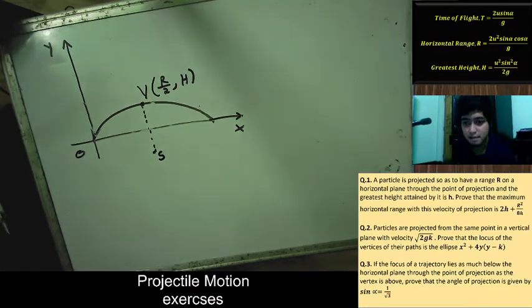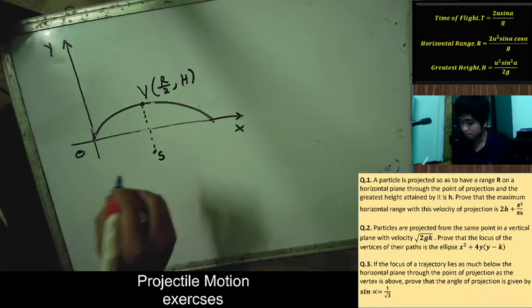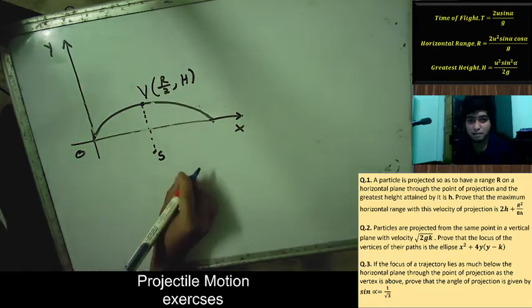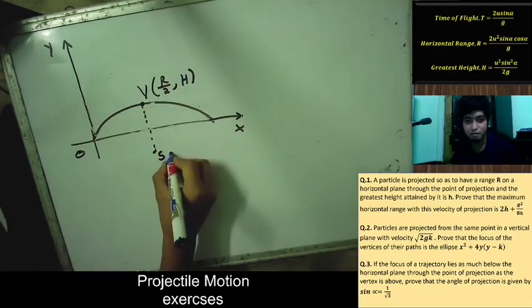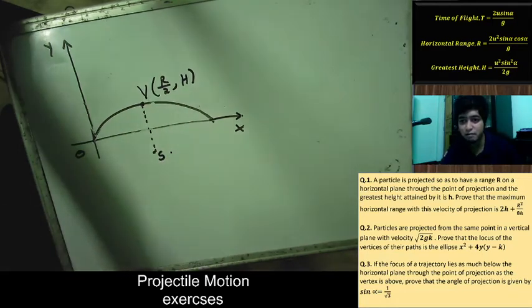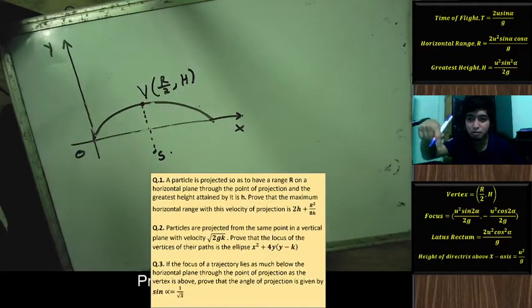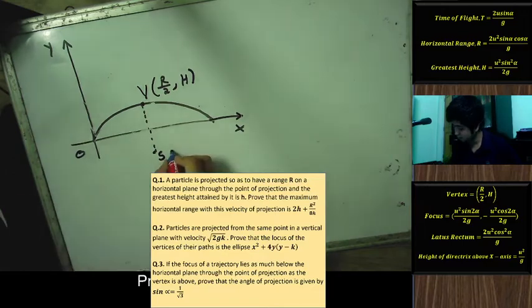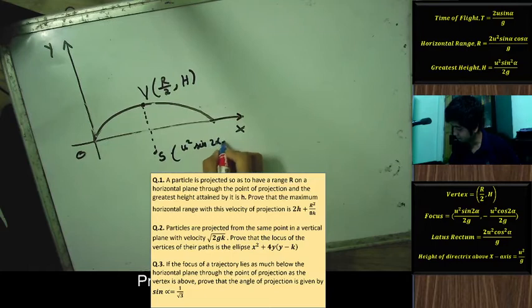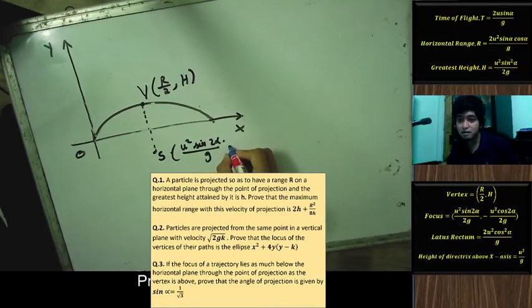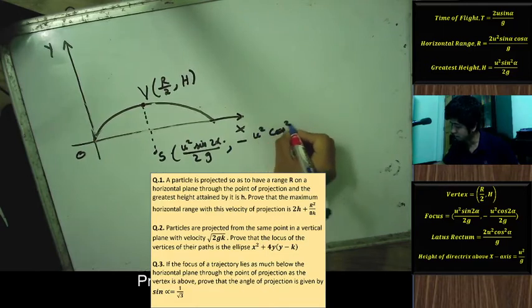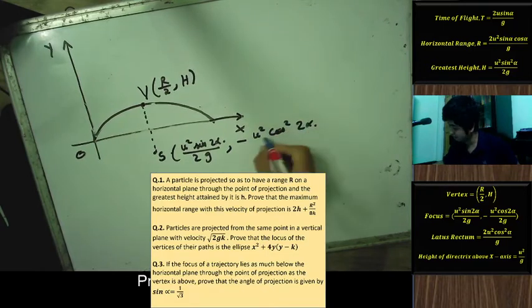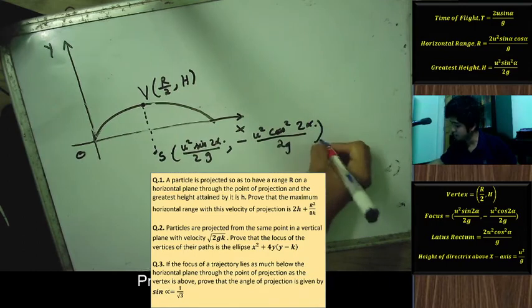So let's see. Now that we are interested in the focus, we first need to find its coordinates. If you take a look at the formula below, you will see that the coordinates of this focus are u squared sine 2 alpha upon 2g, minus u squared cos 2 alpha upon 2g.